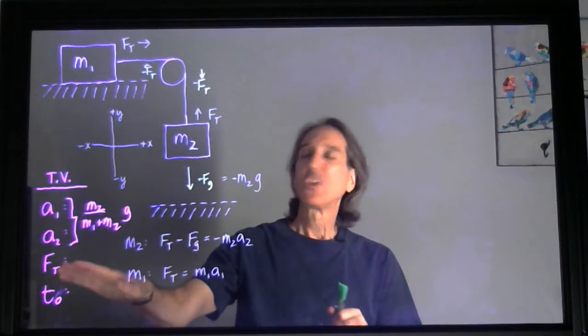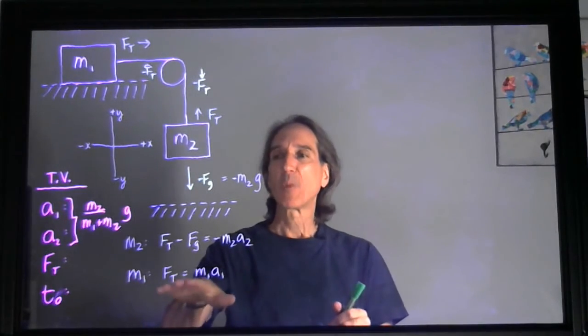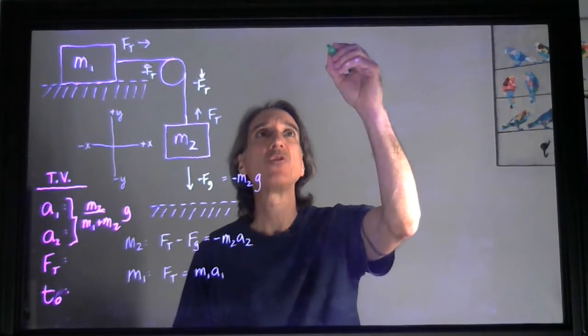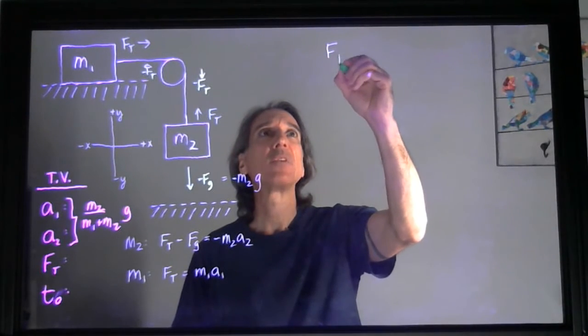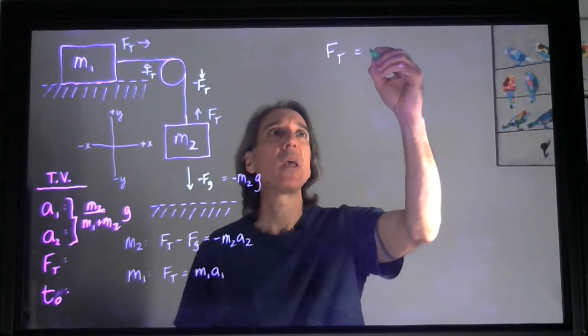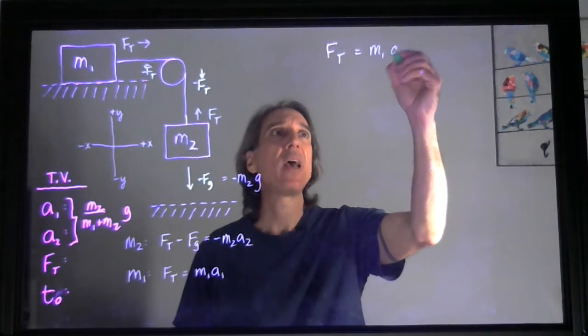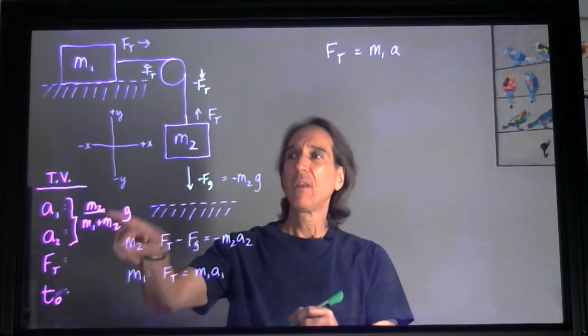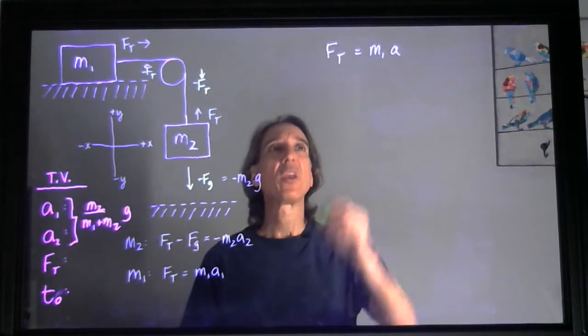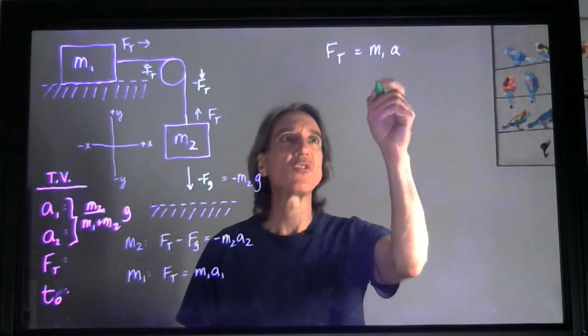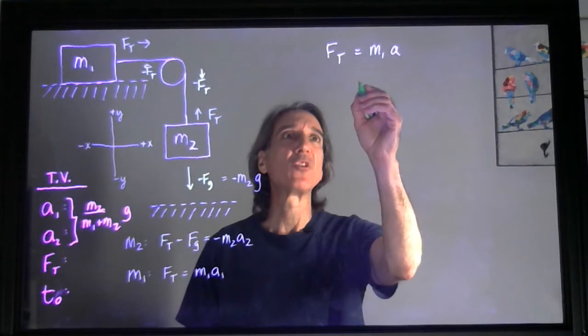To find the tension force in the cable, we already have an expression for tension force, which is Ft is equal to m1 times a. But we just calculated a based on mass and gravitational acceleration, and so we can just substitute that in.